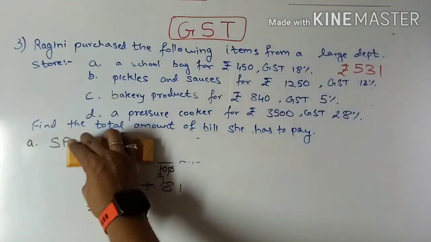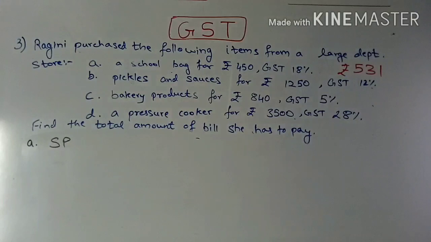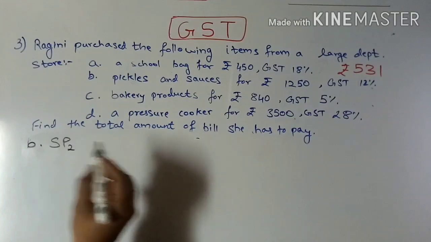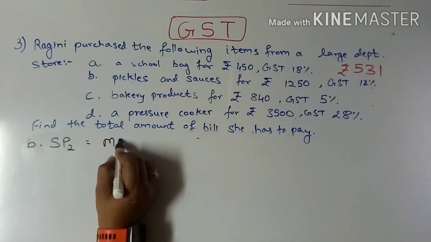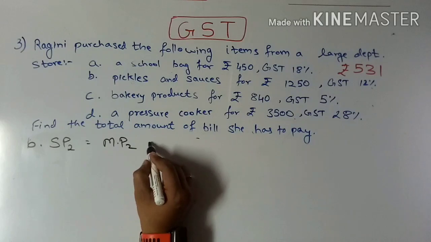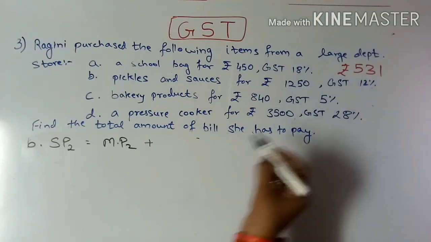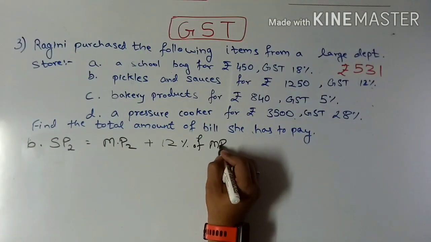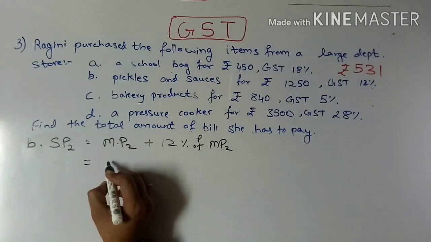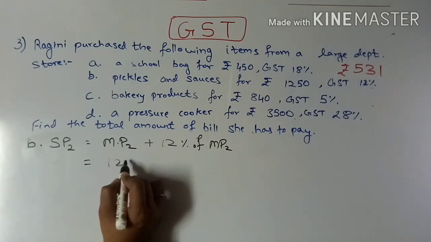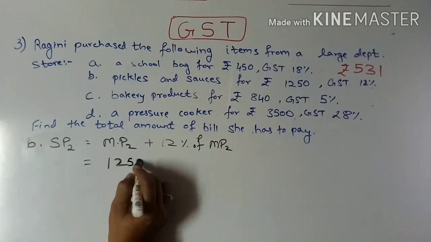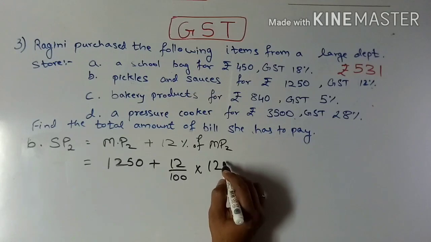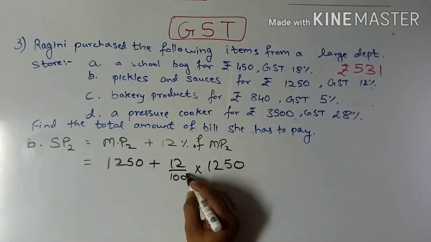Next we find the selling price of pickles and sauces. Let it be denoted as SP2, which is nothing but marked price of pickles and sauces, that is MP2, plus how much is the GST? 12% of GST on it. So 12% of MP2, which is nothing but marked price of pickles and sauces, 1,250 plus 12 upon 100 into 1,250.